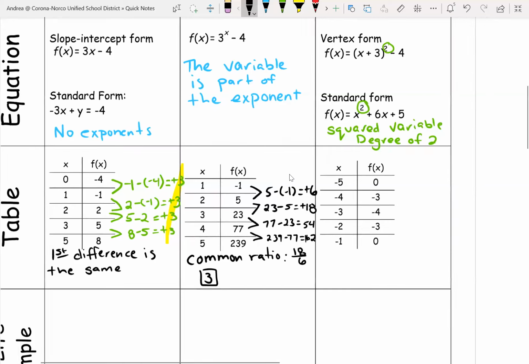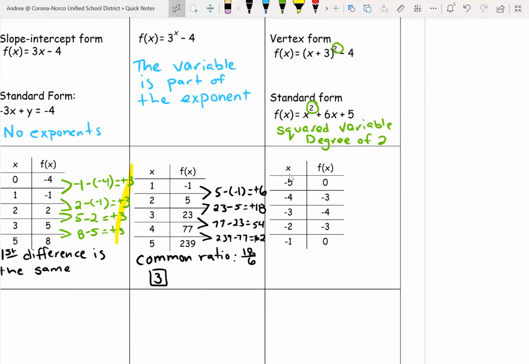Okay. Your next one. So we're going to subtract again. -3 minus 0 is -3. -4 minus -3 is -1.